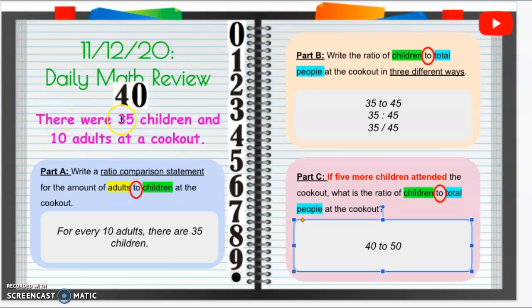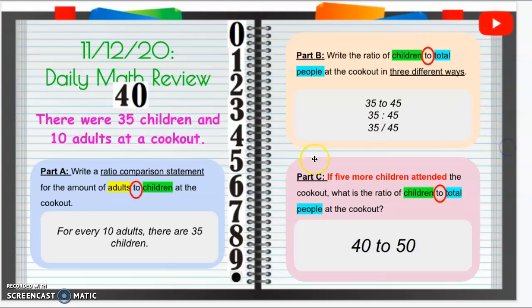So if you add 5 more children, you're only going to add to the children, the 35 plus 5 is 40. So then the total people, if there were 40 children and 10 adults, you'd add those 2 together. So your answer would be 40 to 50. I am going to make that a little bigger because that was a little bit more tricky. But other than that, great job. And that's it for our DMR.